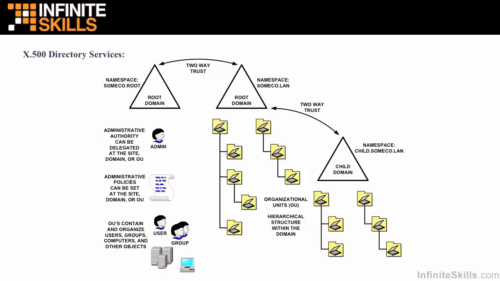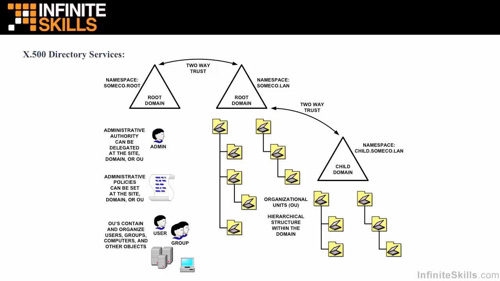domain, I can build a hierarchical structure for organizational units. And using these different organizational units, I can group computers and users that have something in common relative to the organization. And then I can apply a group policy to that OU. So the policies can be assigned at the domain, the site, or the OU.